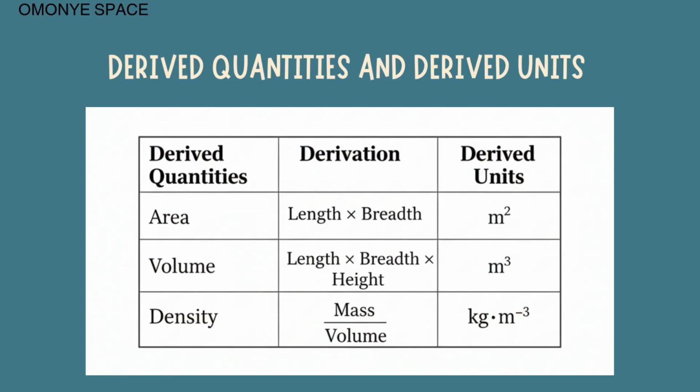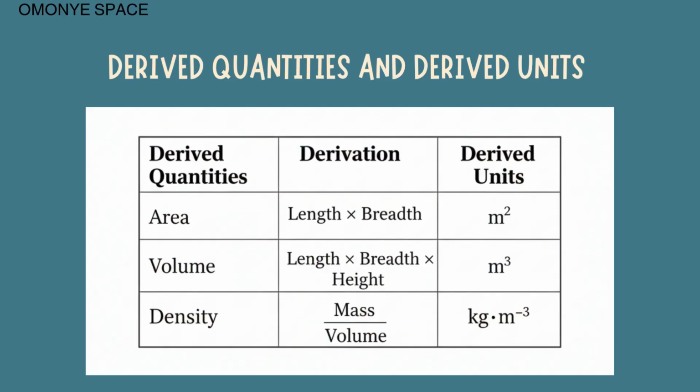That is m squared. Volume. Volume is derived by length times breadth times height. Length is in meters, breadth is in meters, and height is in meters. That will give us m times m times m, and we will have m cubed as the derived unit. Density.